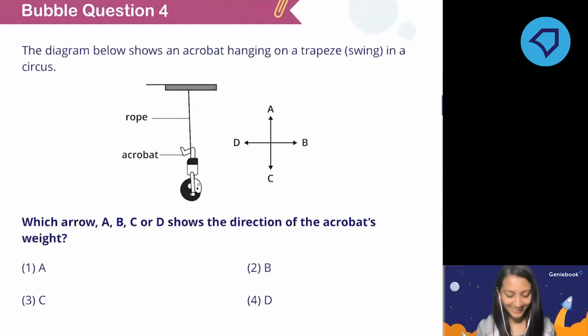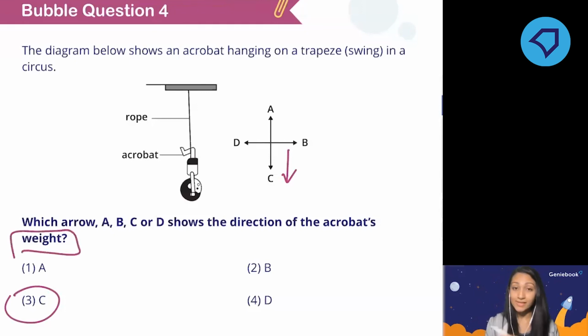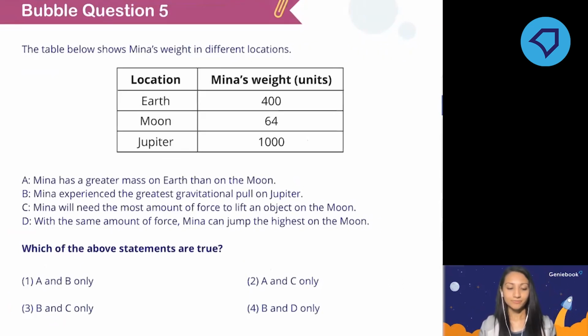This is option number 3, because remember, gravitational force is pulling the acrobat down. We are talking about weight, right? So whenever you see weight in an exam question, you straight away link it to gravitational force or gravitational pull.